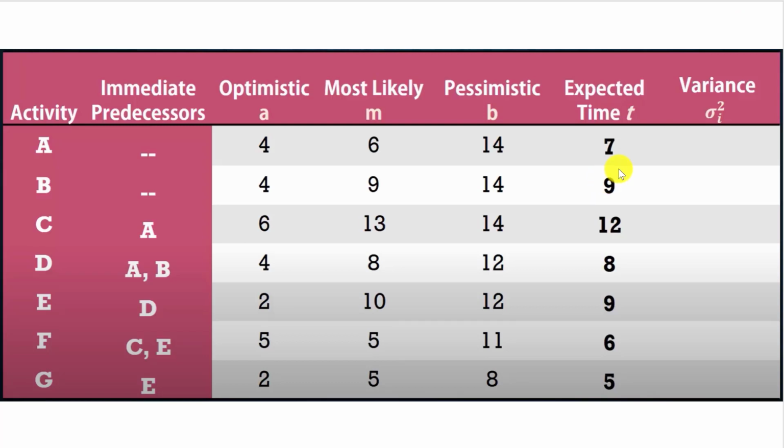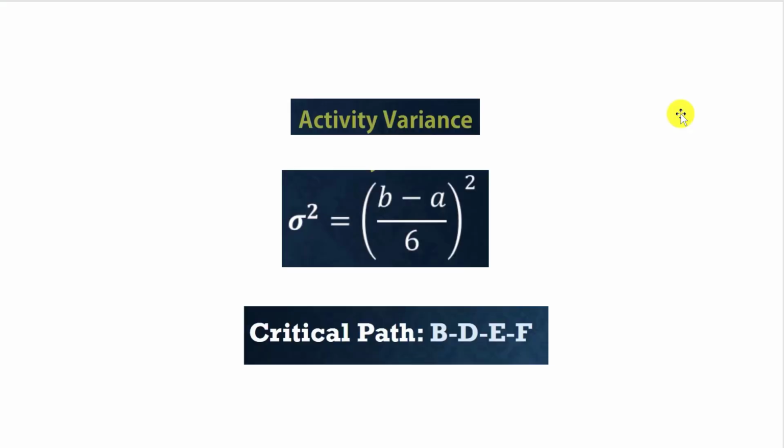So first, we calculated the expected time for each activity. Now we calculate the variance for each activity. To calculate the variance for each activity, it equals b minus a, divided by 6, squared.